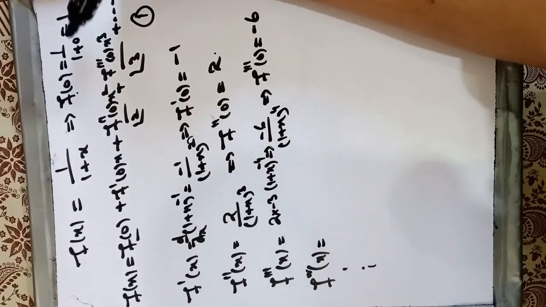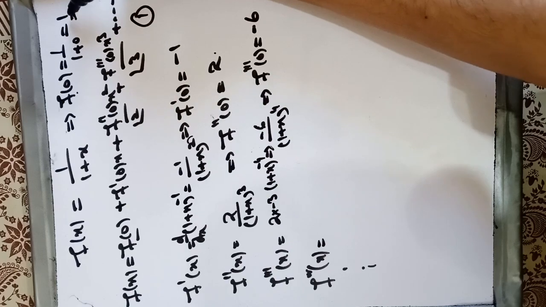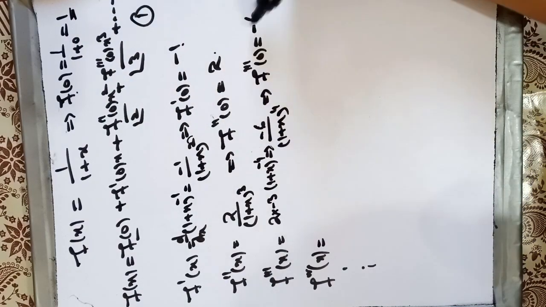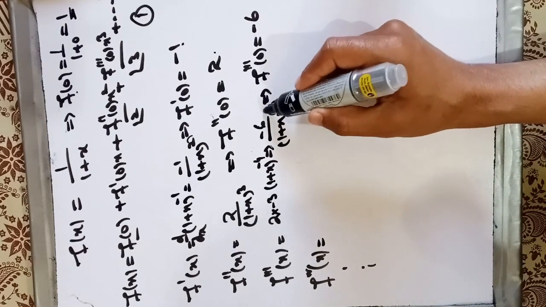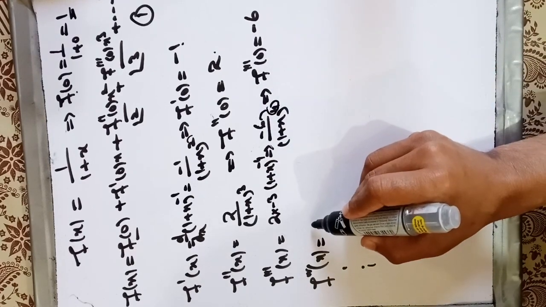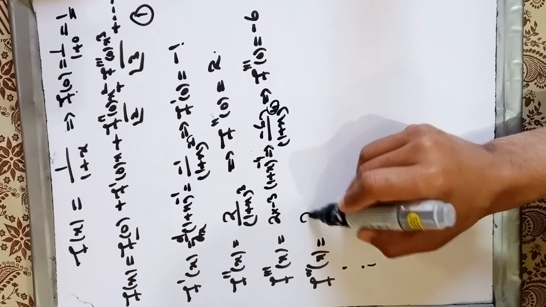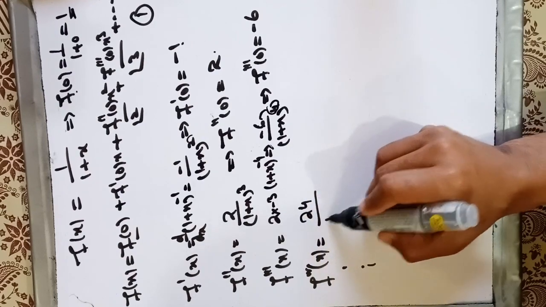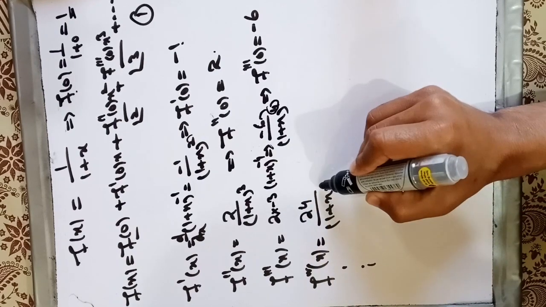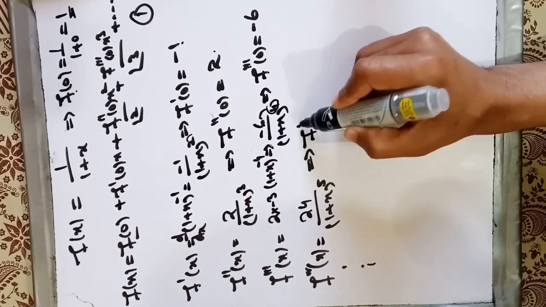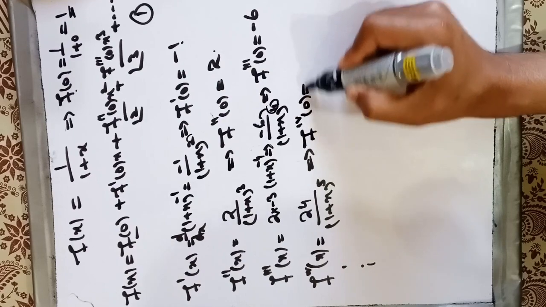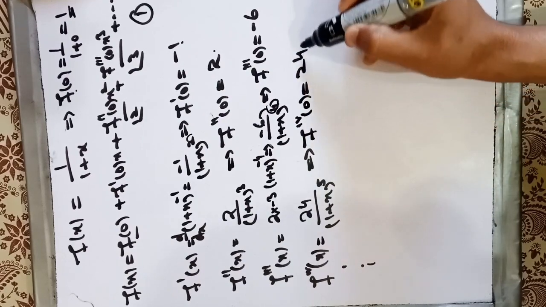So here we can observe that the first one is positive, the second one is negative, the third one is positive, the fourth one is negative, and at last we can see 6 times 4 is 24, minus minus will be plus. So 24 over 1 plus x to the power 5, and the answer is the fourth derivative at 0 is equal to 24, again positive.